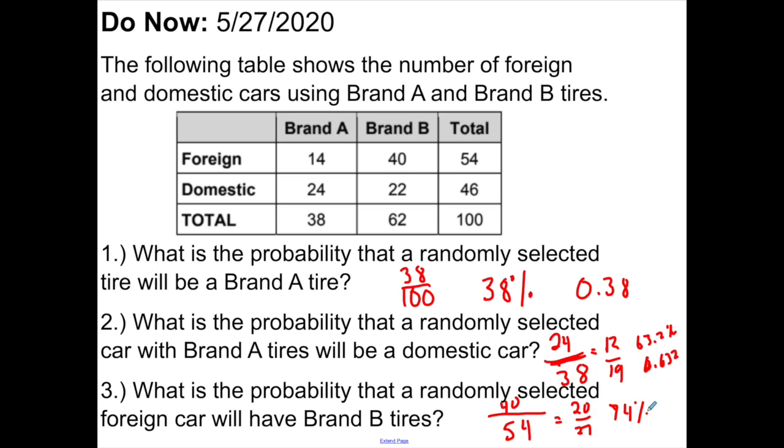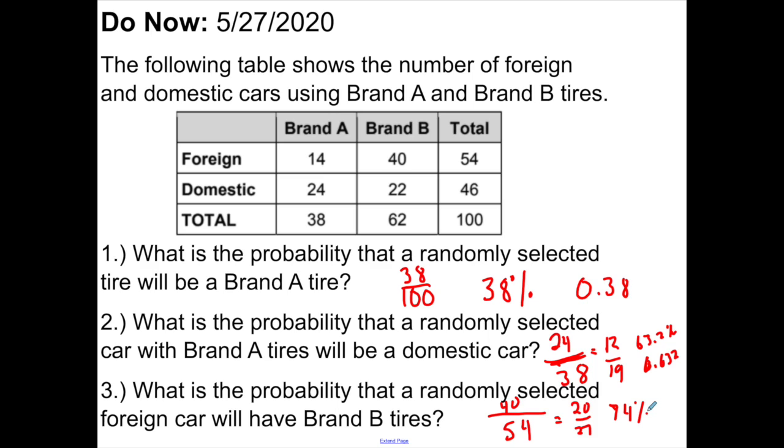To me, that indicates that foreign cars are more likely to have brand B tires than brand A tires. The conclusion I'm more likely to draw from question 2 is that brand A tires are more likely to be found on a domestic car, but the other one says a foreign car is more likely to have brand B tires.